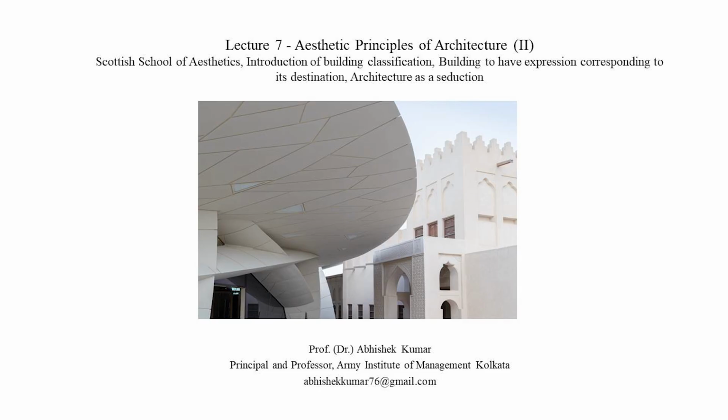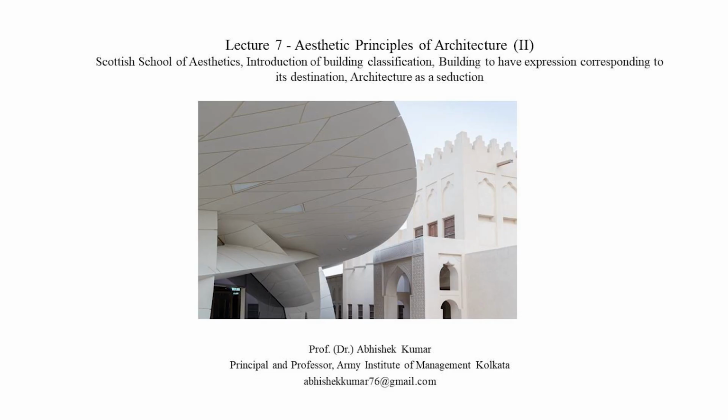And then we will also introduce building classification as per Scottish School of Aesthetics, and then we will talk about how buildings must have expression corresponding to its destination. In this lecture, we will also do something very interesting, where we will cover a conversation between a philosopher and an architect.